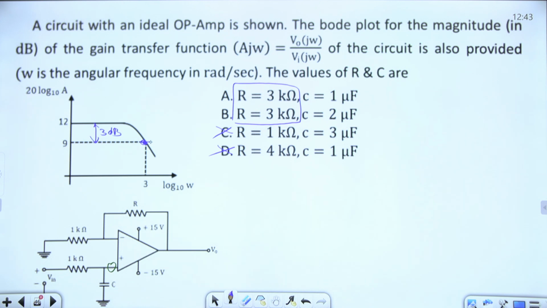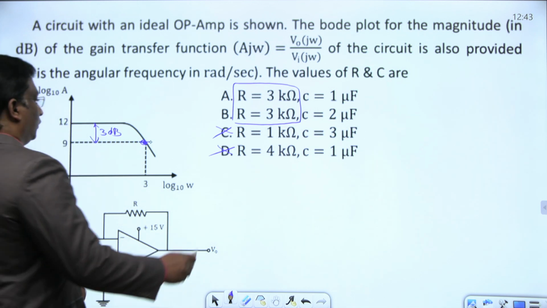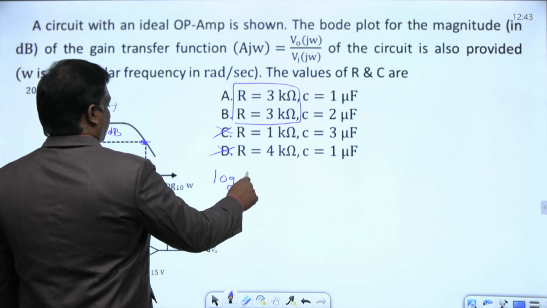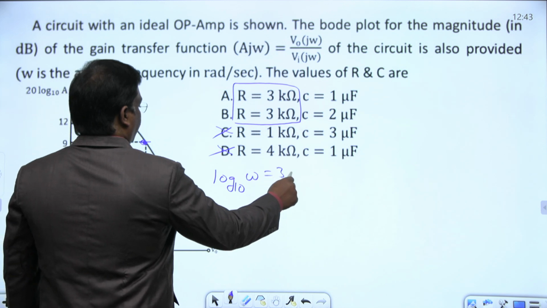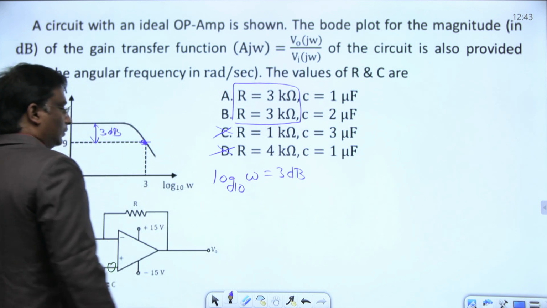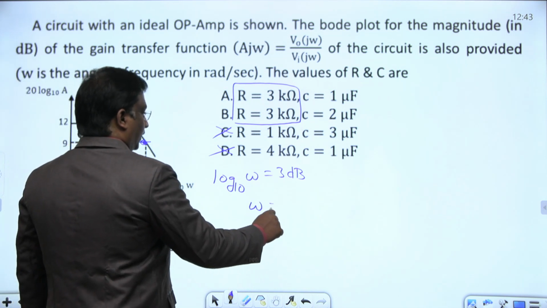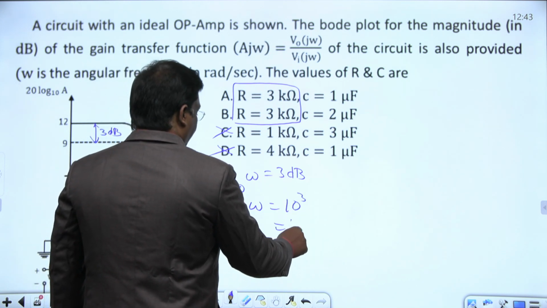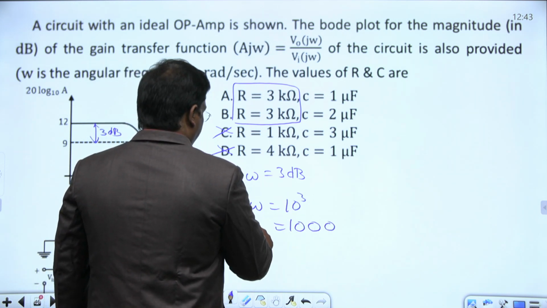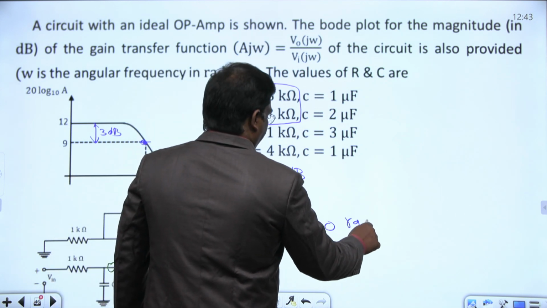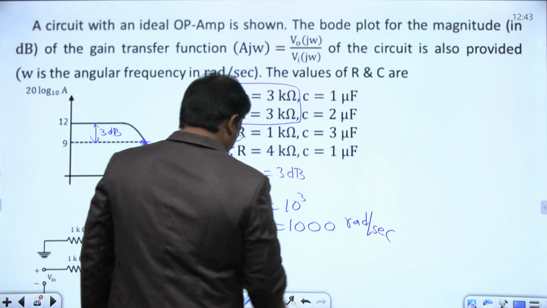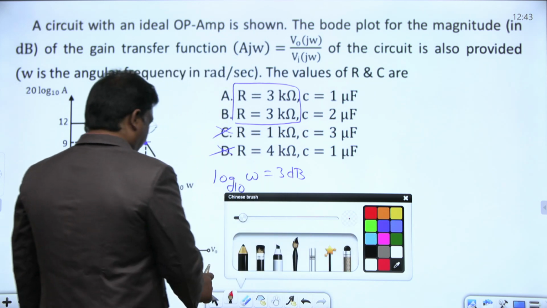Log of omega base 10 equals 3, so what is the value of omega? This omega equals 10 cube, nothing but 1000 radians per second. 1000 radians per second.